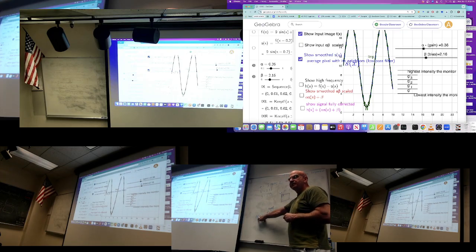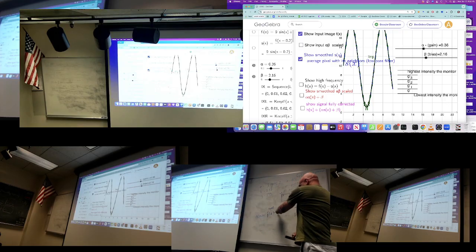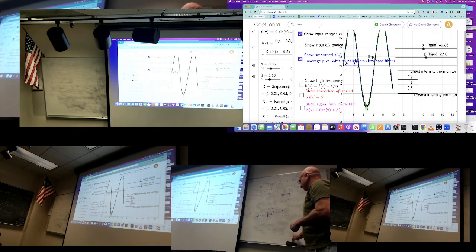S of x, what I'm going to return, which would be s for smooth, is f of x plus f of x minus 1, that is 1 pixel to the left, plus f of x plus 1, which is 1 pixel to the right, and all of it divided by three, multiplied by a third.